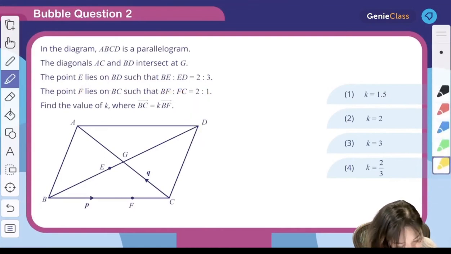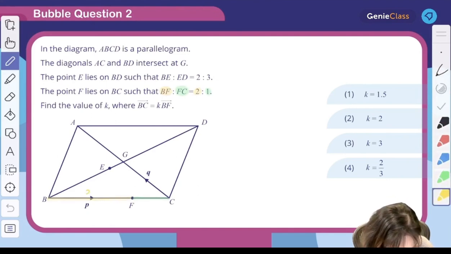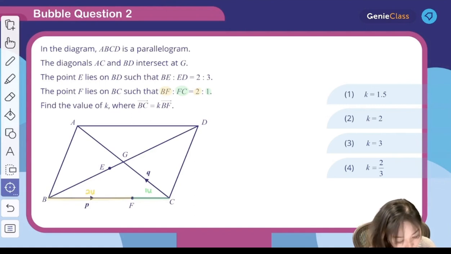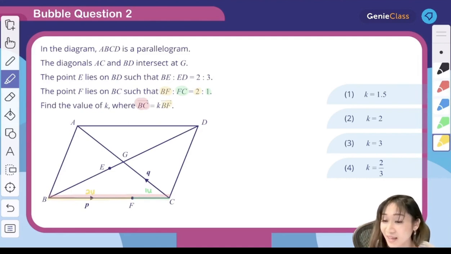So BF is 2 units, and then FC is 1 unit. So what is the value of K where BC, this whole thing, BC equals how many of BF?